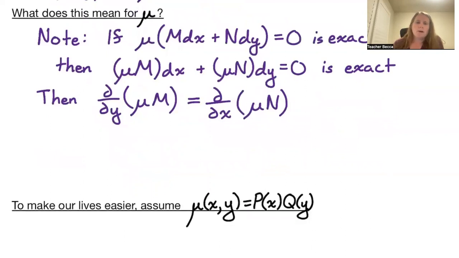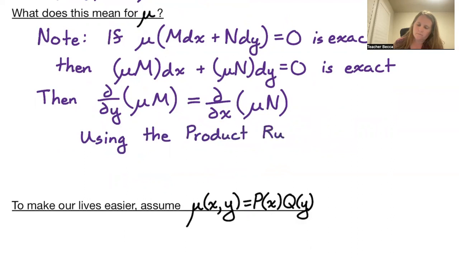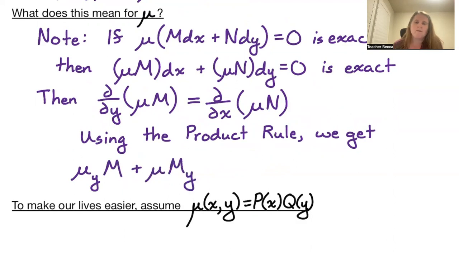But the partial with respect to y of mu M, using the product rule, would be the partial with respect to y of mu times M, plus mu times the partial with respect to y of M. So that's our left-hand side.